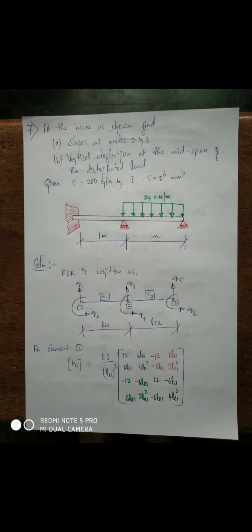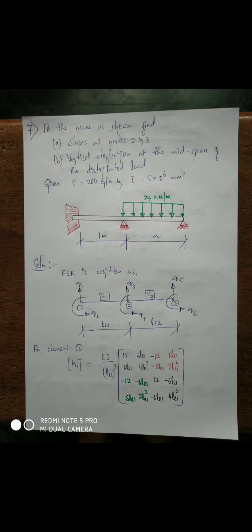Now, students, we are going to start the solution of this particular problem. The first step is writing down FER. As per the formula sheet, we have the representation of FER as, in this particular problem there are 3 nodes, one at the left end, one at the right end, one at the middle where the UDL is commencing.